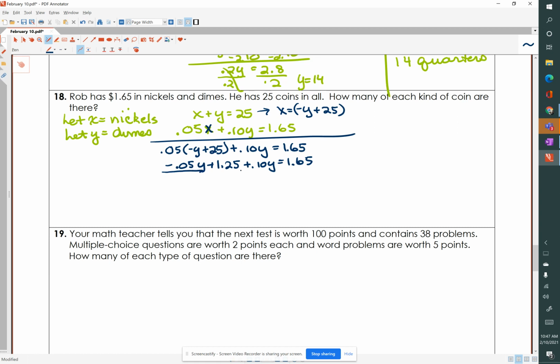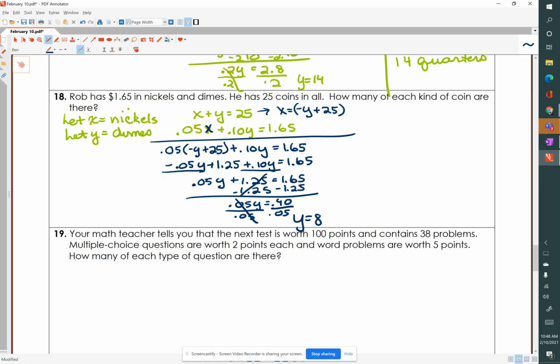So I'm going to combine the 0.10y and the negative 0.05y, which will give me positive 0.05y plus $1.25 equals $1.65. Subtract 1.25 from each side. 0.05y equals 0.40, and divide by 0.05 on both sides, and y equals 8.